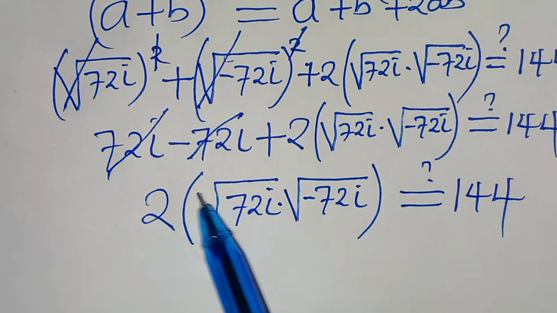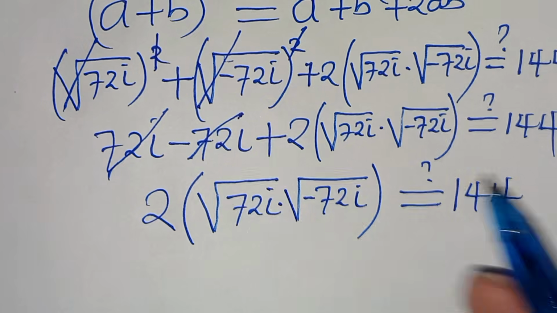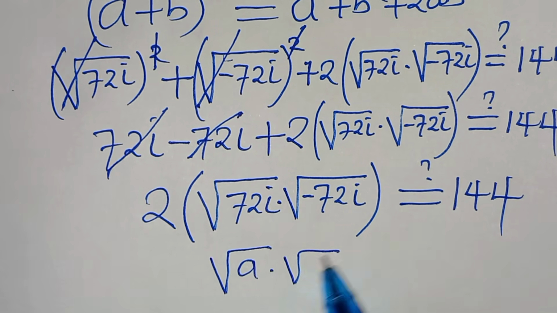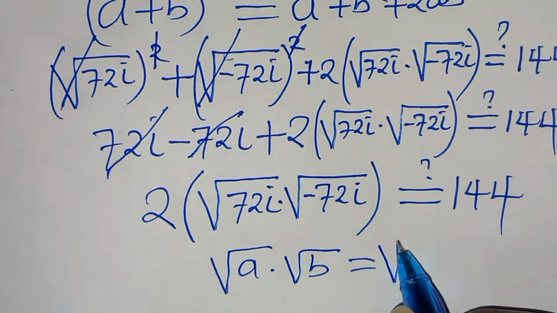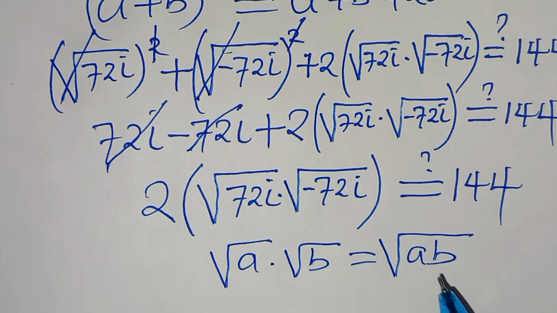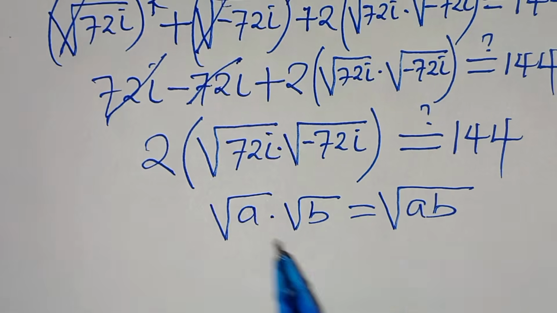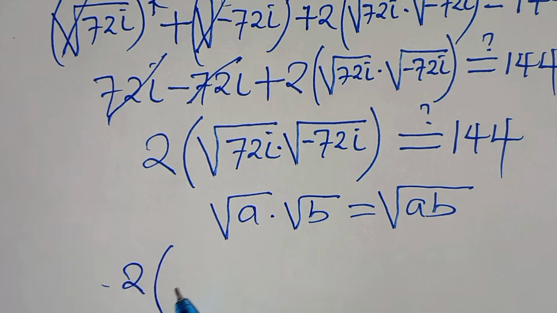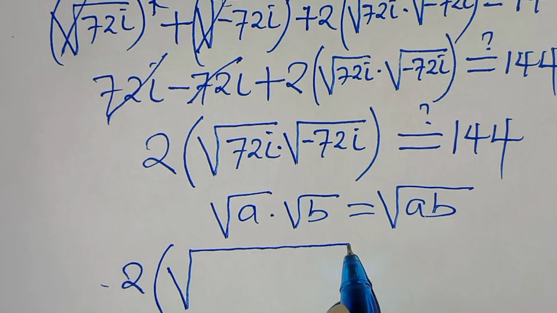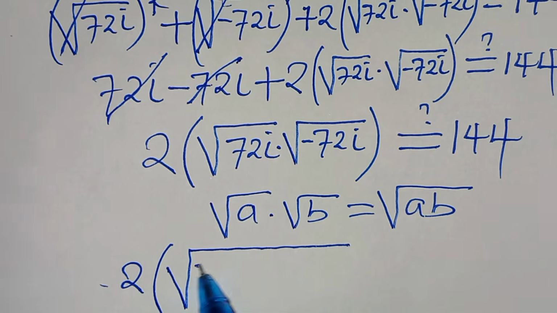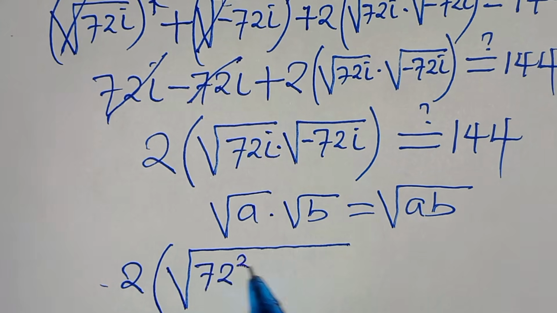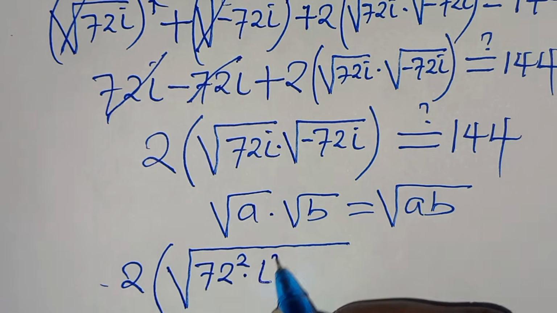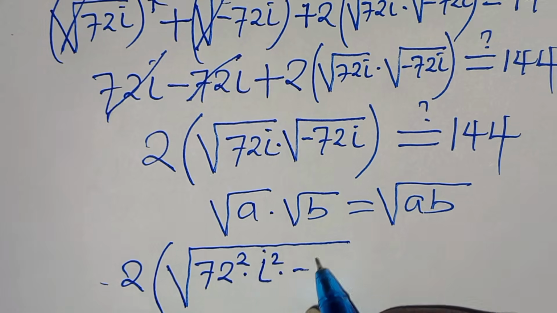So now, the square root of 72i times the square root of minus 72i is in the form of the square root of a times the square root of b, which we can express as the square root of a times b. Applying this property, we have 2 multiplied by a single square root of 72 times 72, which is 72 to the power of 2, multiplied by i times i, which is i squared, then times minus 1.